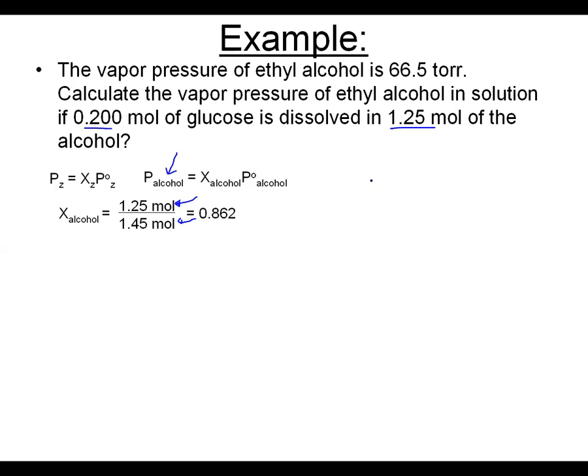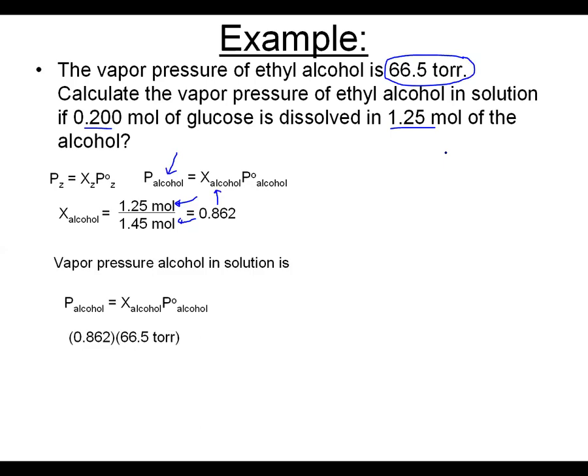And that's going to give us our mole fraction of 0.62. That is what goes here. The vapor pressure of ethyl alcohol in its pure form was given to us here, which would obviously be a table value. So you can put it in, and what we see is the vapor pressure of the ethyl alcohol that has the glucose in it drops to 57.3.